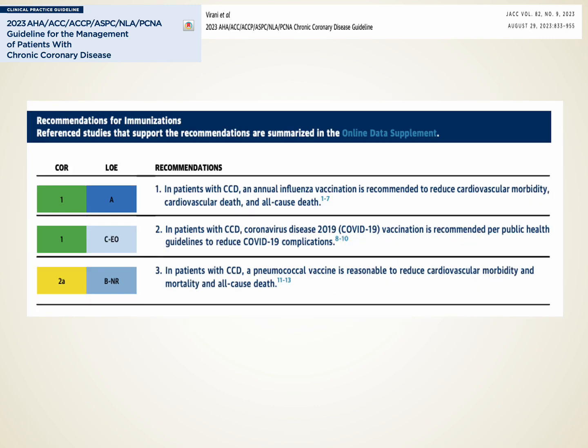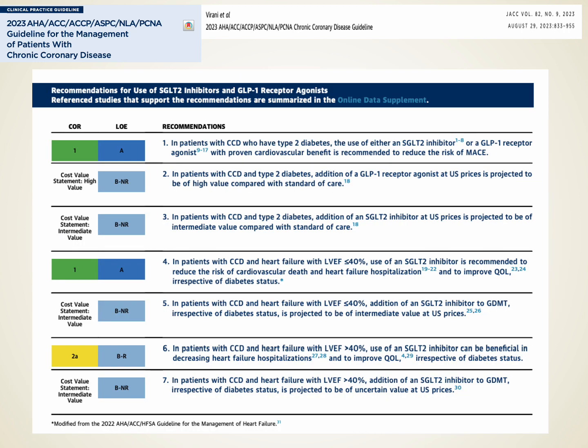We have recommendations for immunizations listed here, particularly influenza vaccine, COVID vaccine, and pneumococcal vaccine. Recommendations for SGLT2s and GLP-1s that offer cardiovascular benefit: particularly the SGLT2s, which we'll talk about in heart failure, have an independent role, and the GLP-1s are beginning to have a role for cardiovascular benefit in people without diabetes but with weight gain.